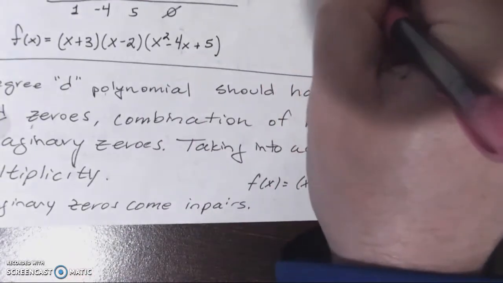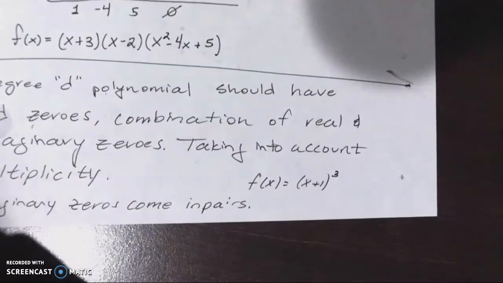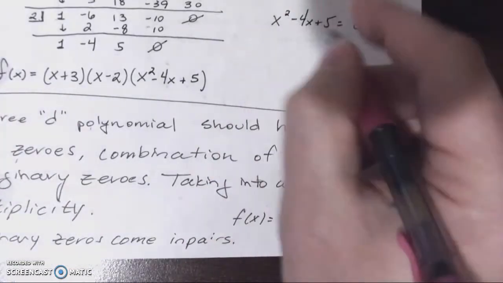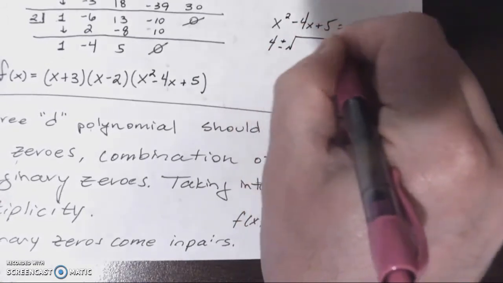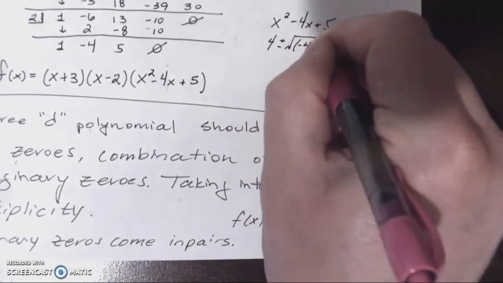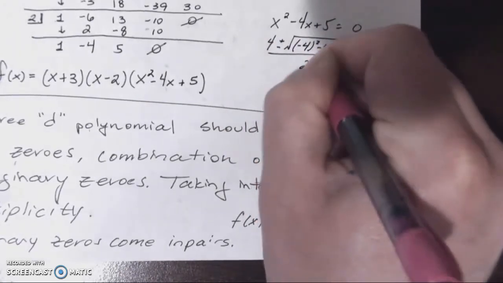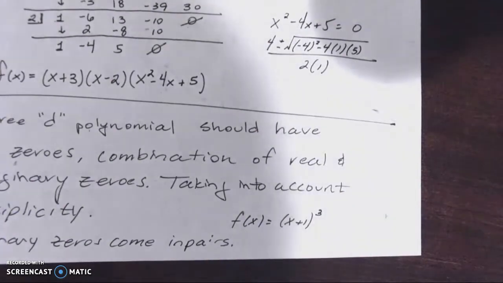If I want to see what zeros come from this factor, well, set it equal to 0. Okay, I did that. I can't factor it. I have to use the quadratic formula. x equals negative b, negative negative 4, plus or minus square root b squared minus 4ac all over 2a. Okay. How do I know this is going to be imaginary?